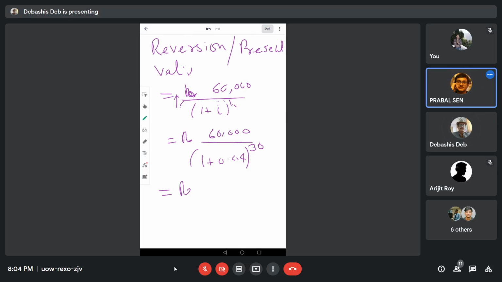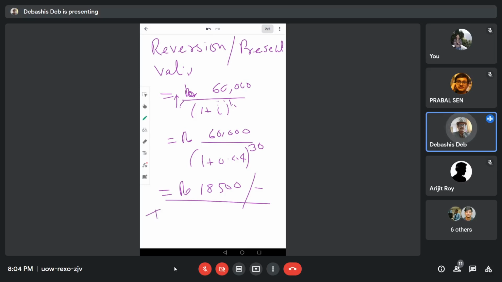Okay, 18,500. So this is the value. If I sell the land after 30 years, and I reverse the value as on date, the value is coming as this.